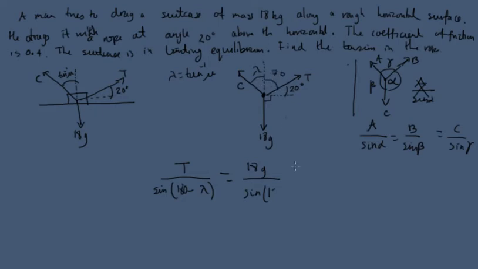So this angle here will be 70 plus lambda. So rearranging everything, we will get T is equal to 66.9 newtons.